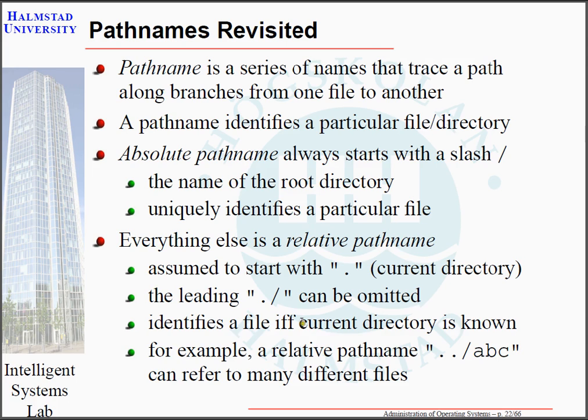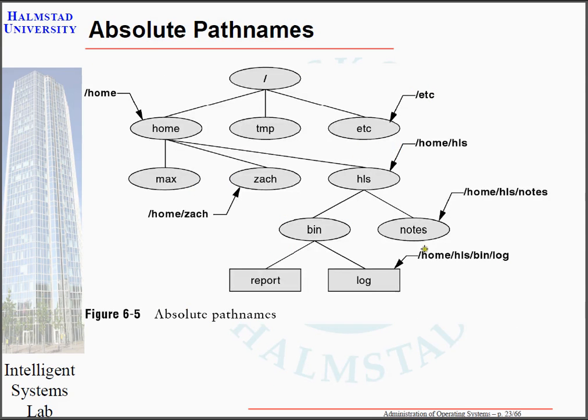But if you change your working directory, the same path name will now identify a different file. So depending on where in the file system hierarchy you are, this will point to different files. This is very, very important to understand.